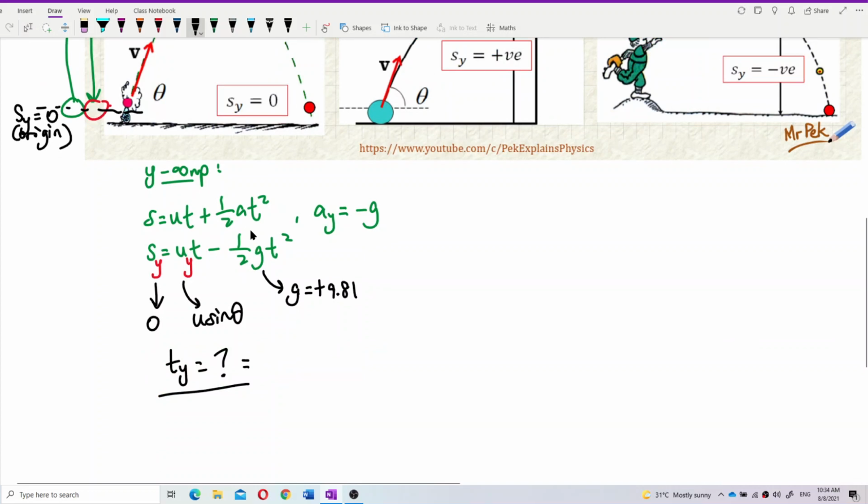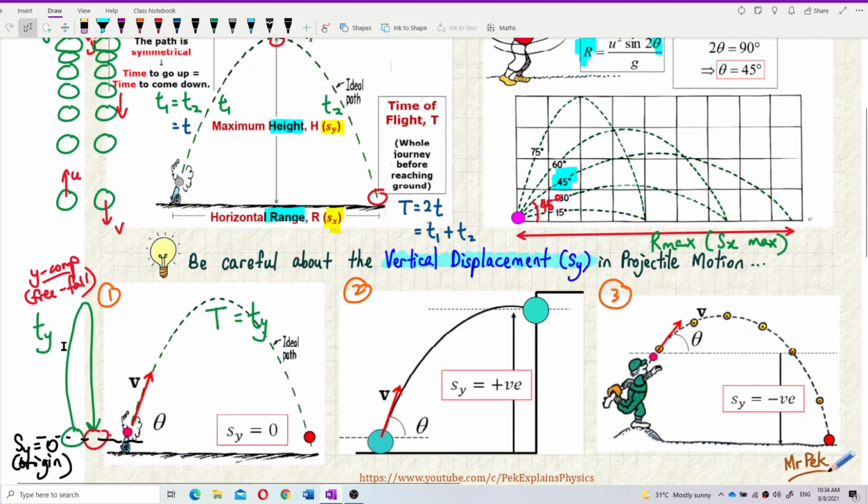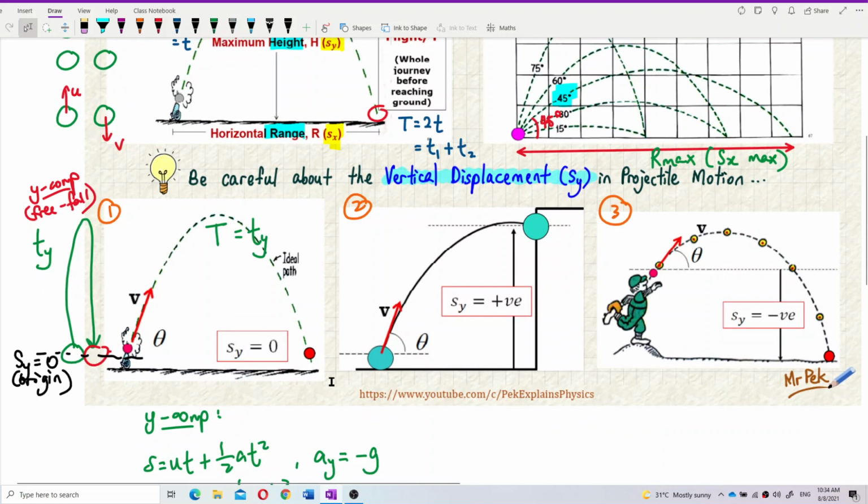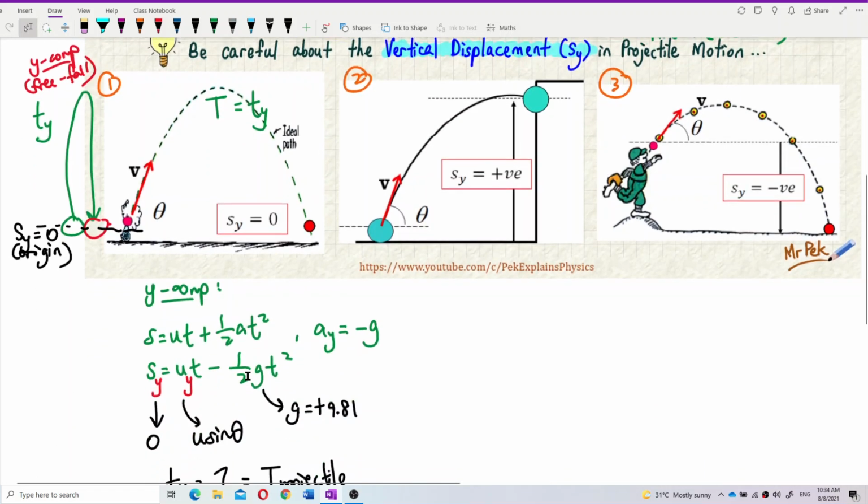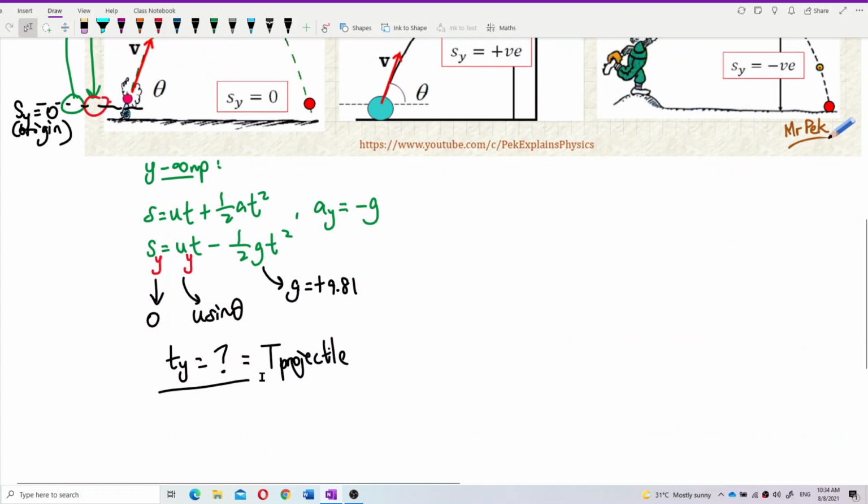The time of the free fall motion is the same as the time of the projectile, because I told you already, projectile motion is a combination of free fall and a constant velocity in the x component. So they all happen simultaneously. What does simultaneously mean? They have the same time.